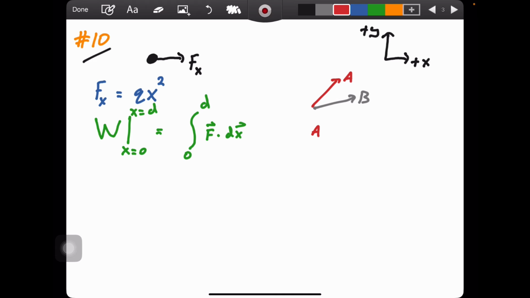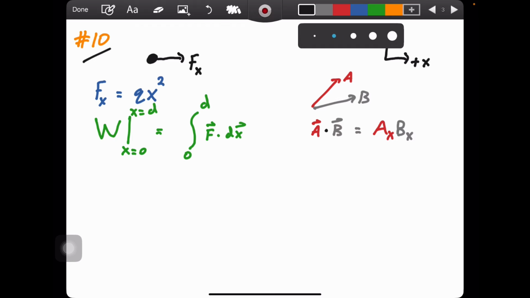So the first way you can think of this dot product, A dot B, is to take the x component of A and multiply it by the x component of B. That's a scalar. And then you add the y component of A multiplied by the y component of B. So a dot product between two vectors is a scalar.